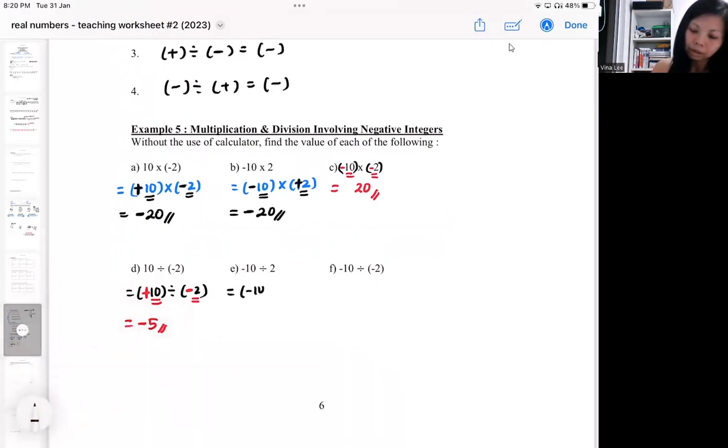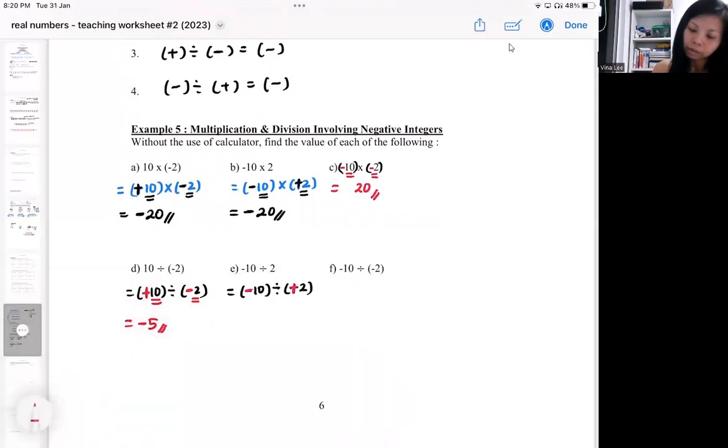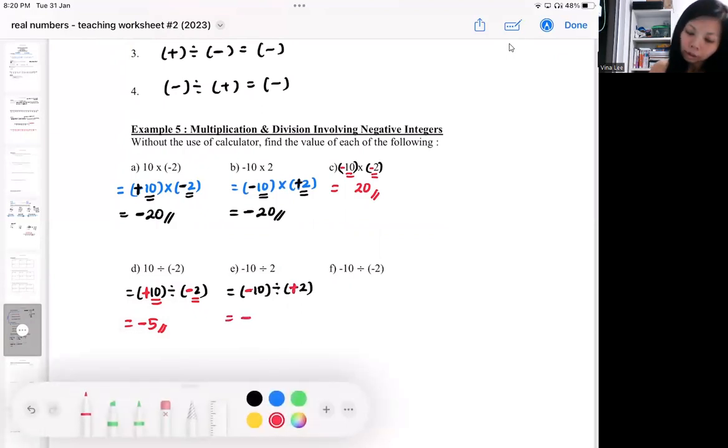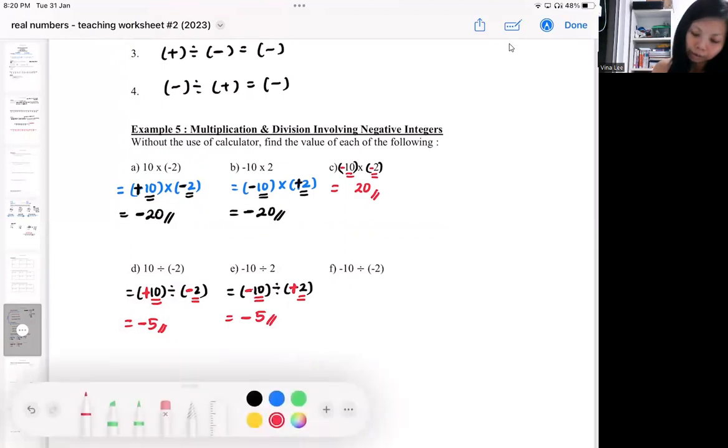So minus 10 divided by 2 is as good as dividing by positive 2. So look at the signs first. Negative and positive will give me a negative. Then you mentally work out 10 divided by 2. So the thinking process is always to look at the sign first, then we handle the numbers.